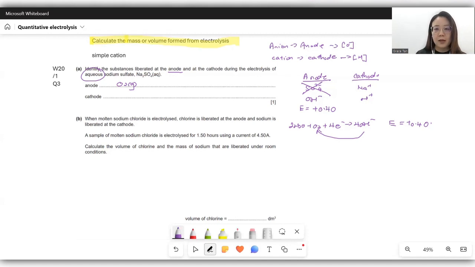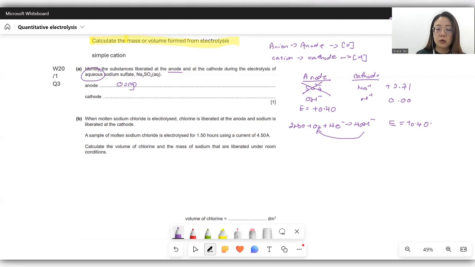Let's look at the cathode, cation. So for the cation, a general rule is we will pick the more positive. So if I were to write the E values for the sodium and the hydrogen, if I'm not mistaken, sodium will have a 2.71 positive and hydrogen is 0.00.